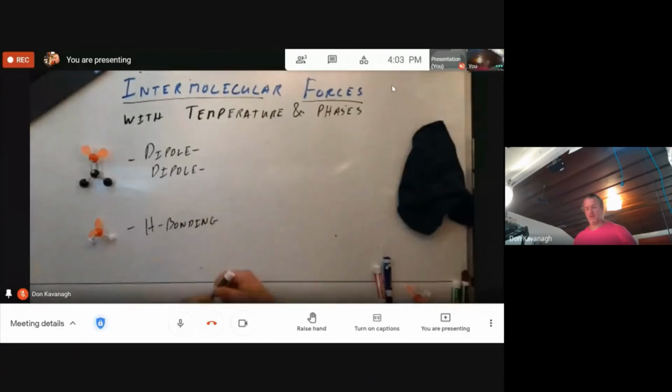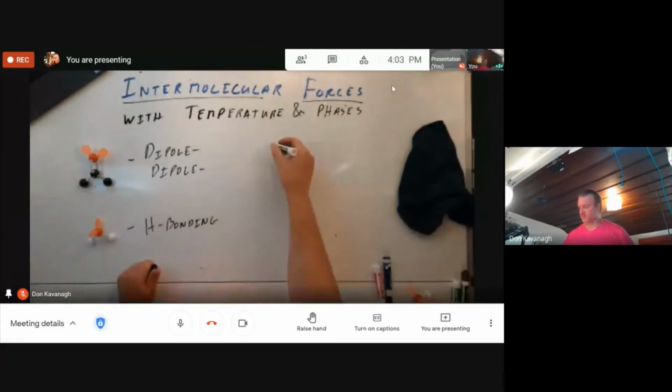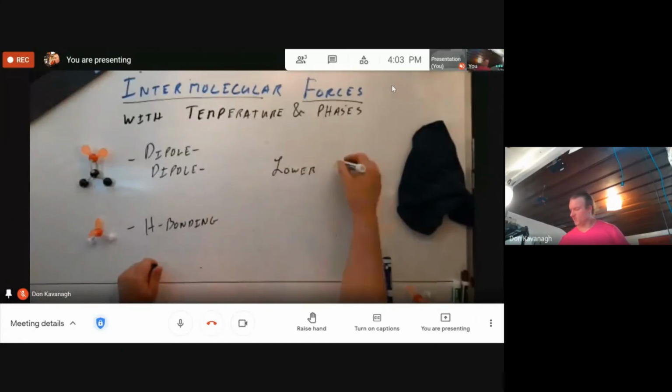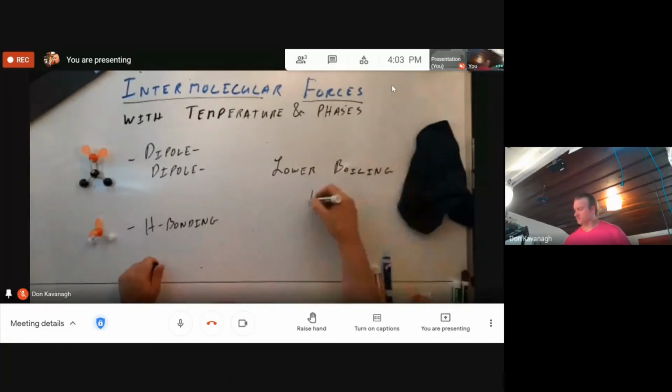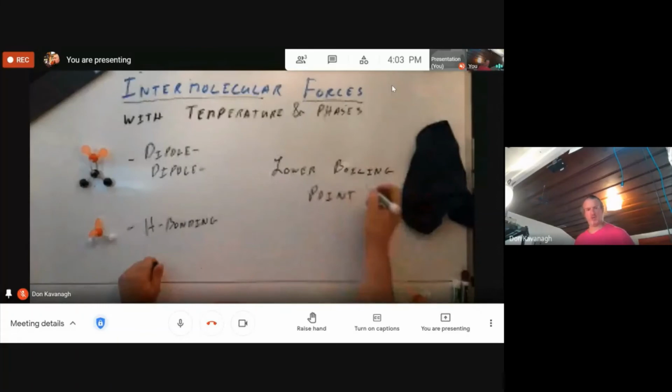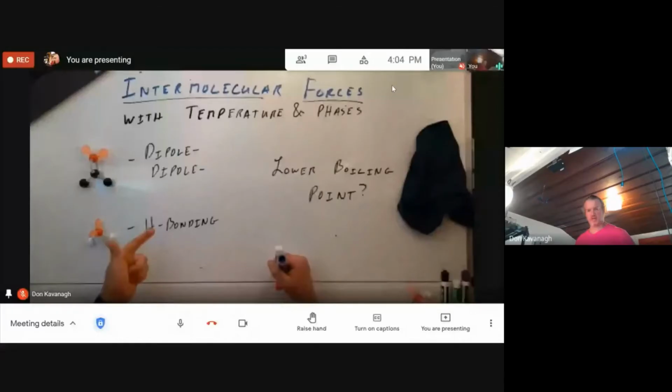Now, the question is, which will have a lower boiling point? Which of these will have a lower boiling point? We know about the hierarchy of strength between hydrogen bonding, dipole-dipole, and dispersion forces.